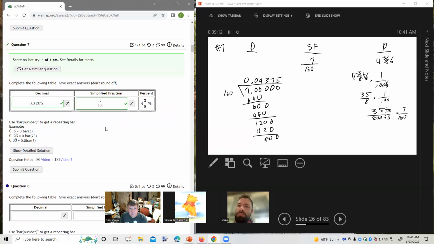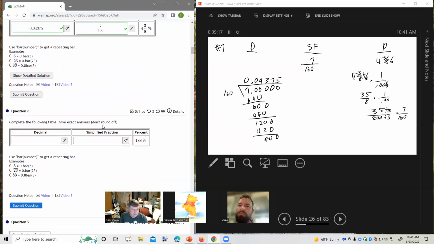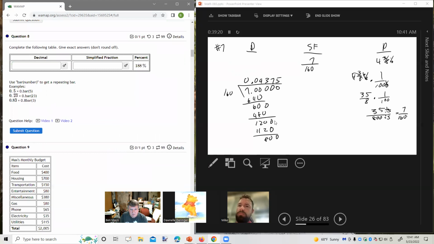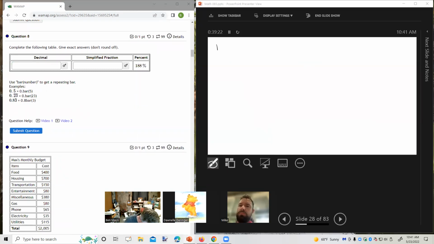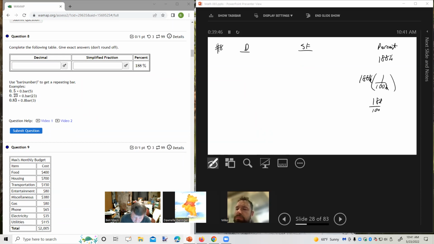So there's that. Moving on. Question number 8. We need to find the decimal and the simplified fraction, and we have the percent, 188%. Well, if we take 188% and multiply it by 1 over 100%, we get 188 over 100.